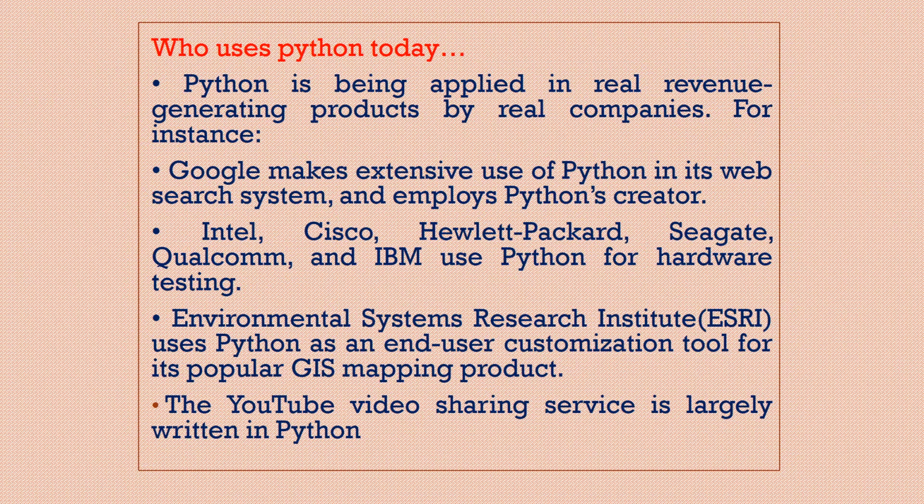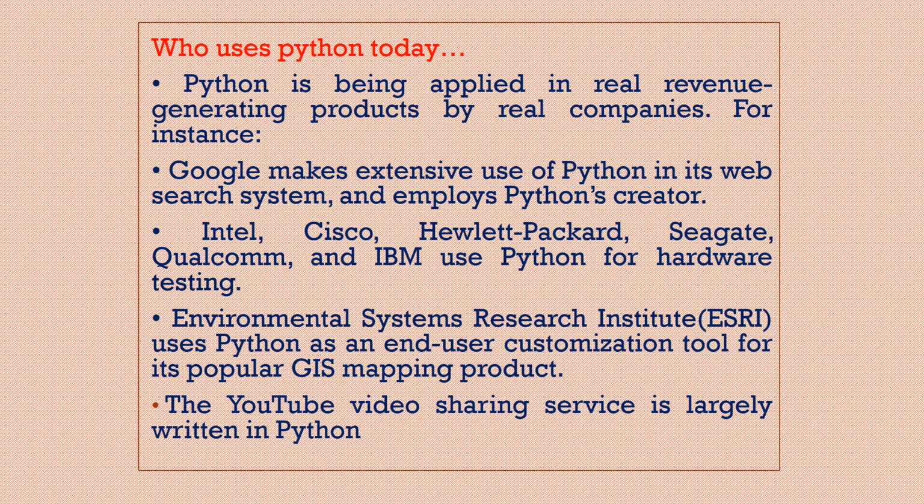So let's see how these big, top-notch companies make use of Python. Python is applied in real revenue-generating products. For example, Google makes extensive use of Python for its search engines, and of course makes use of this Python creator.